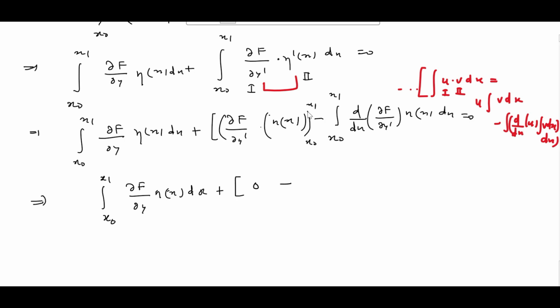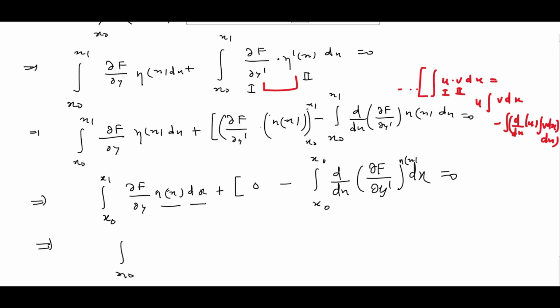Negative integration from x0 to x1, it will give d over dx of del f over del y dash, dx is equal to 0. So now you can see eta of x is common.